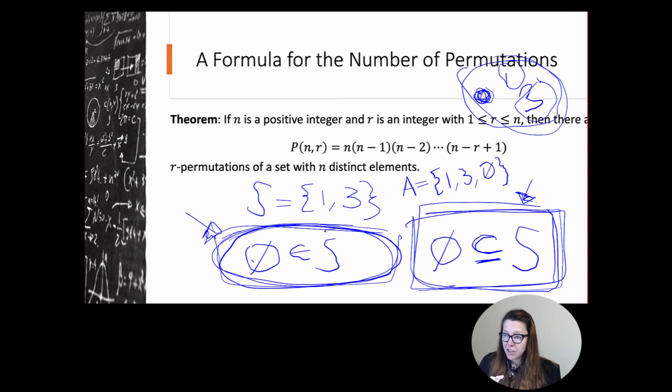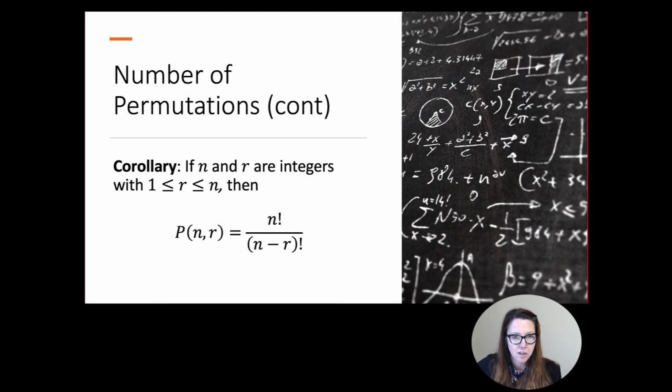I select none of them, and the result is the empty set. It's not that I'm choosing the empty set from that, but actually the set that I get is equivalent to the empty set. There's nothing in it, which is different, right? Okay, and it's a kind of interesting topic when you come around to it.